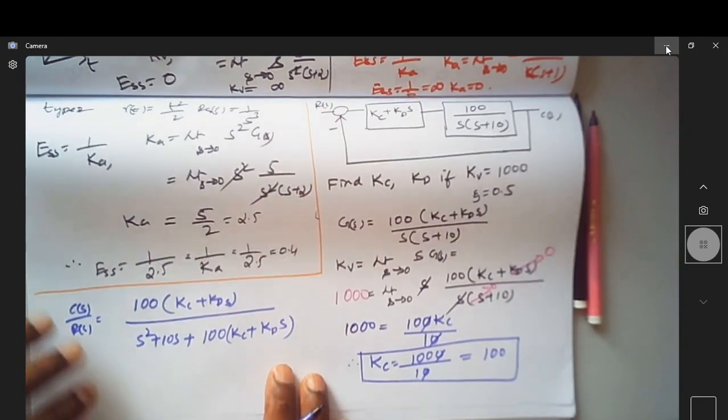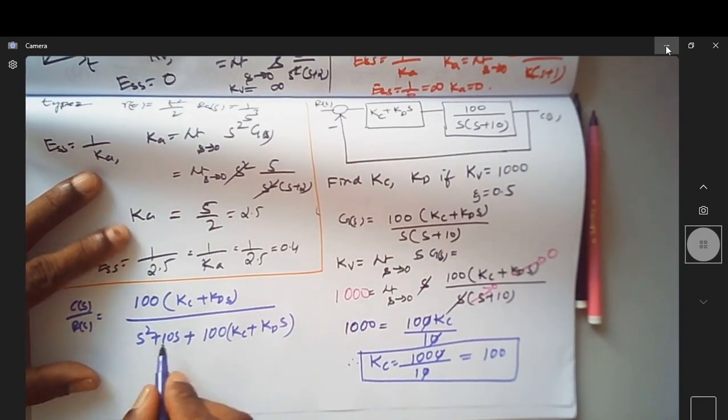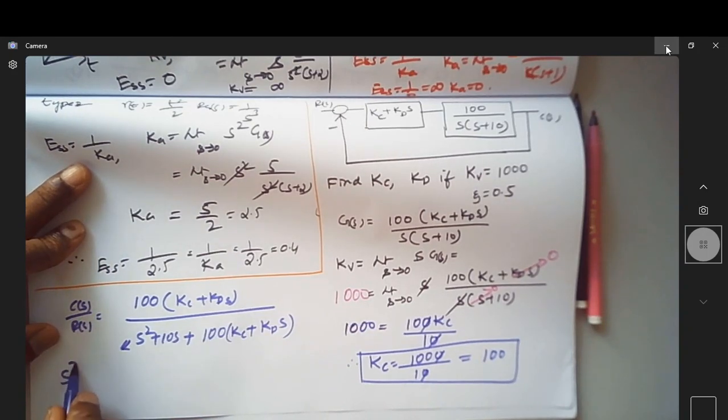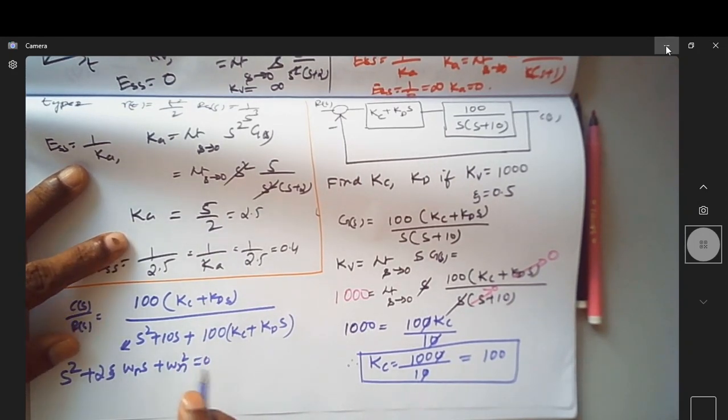Once I know this, I can equate this to the standard form of the second order equation, which is S square plus 2 zeta omega n S plus omega n square equal to 0.